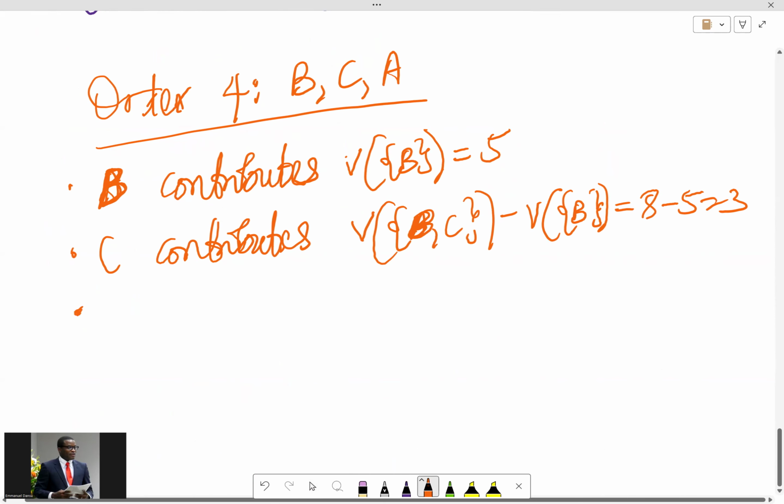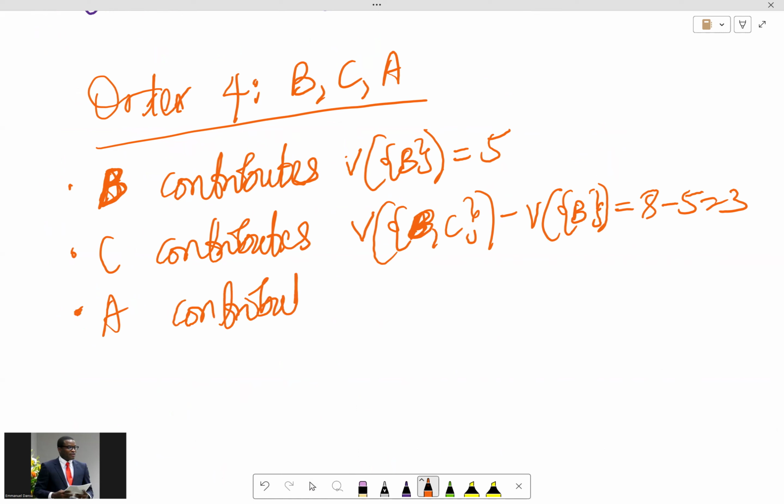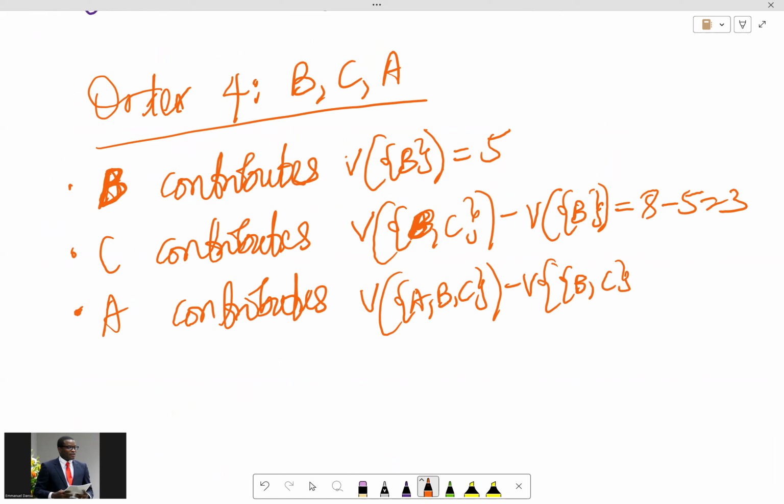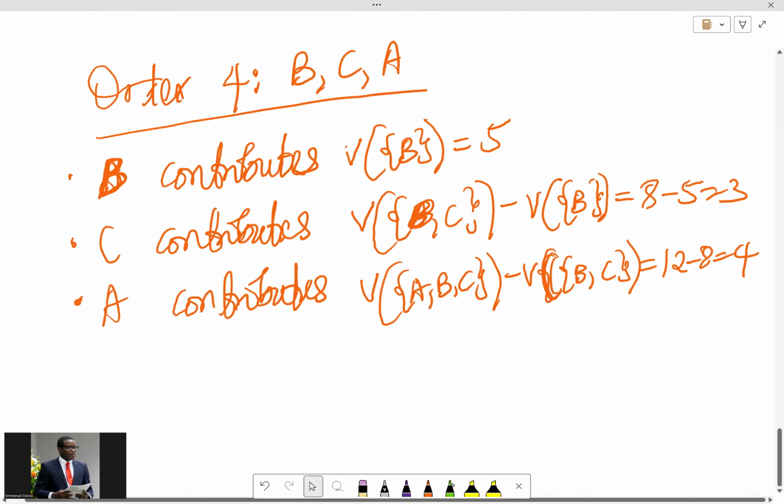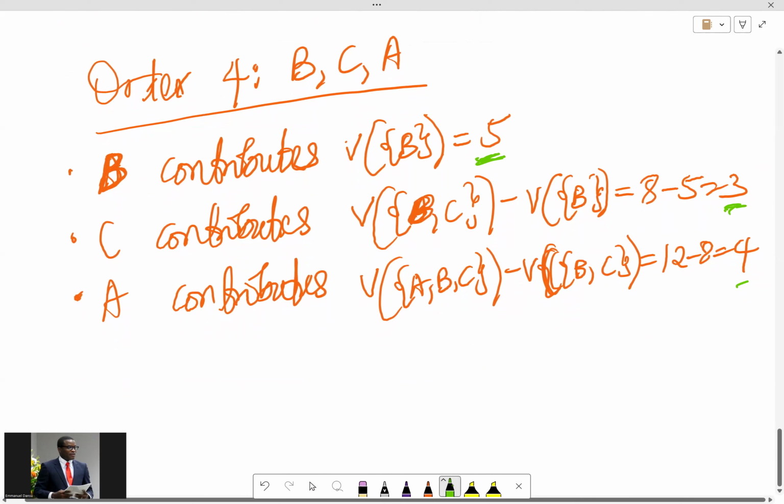Then lastly, A contributes the value of the grand coalition ABC minus the value of the coalition between B and C, since A is the last to join, and that is 12 minus 8, and that is 4. Okay, so again, take note, 5, 3, 4. So it's all 5, 3, 4, 5, 4, 3, and the rest of it.